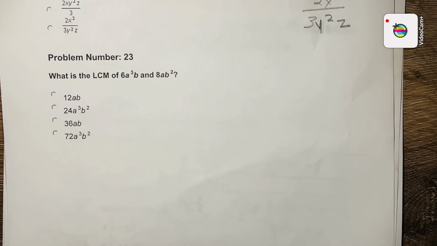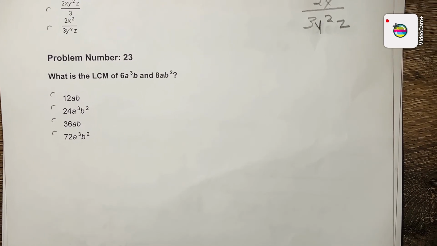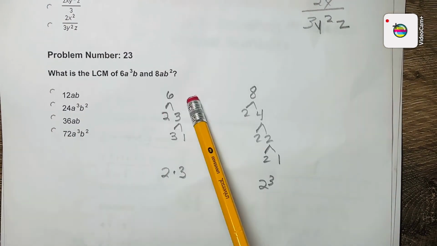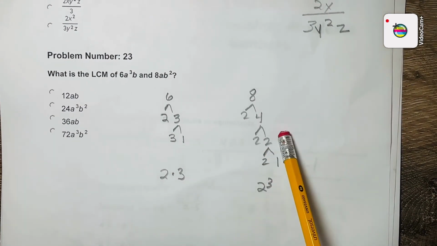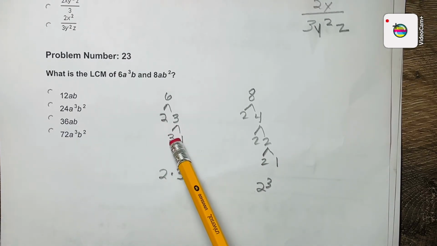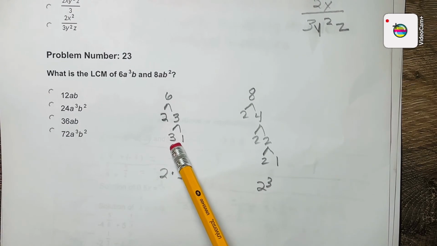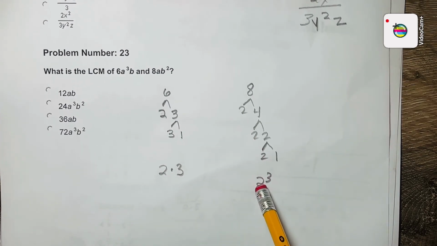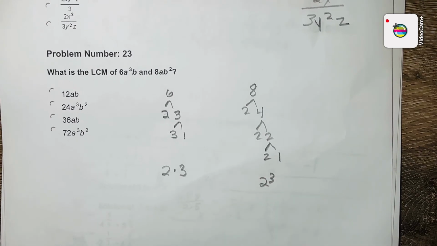So we can't eliminate any of the options. So let's make our factor tree. Okay, our factor tree for 6 looks like this. 8 looks like this. The prime factorization of 6 is 2 times 3, and the prime factorization of 8 is 2 to the power of 3.